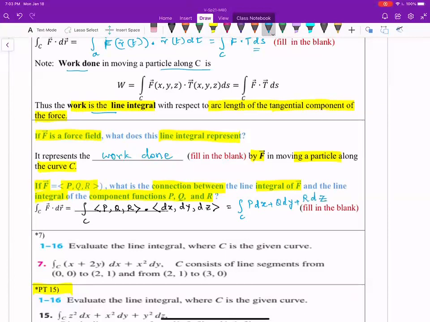The dot product of two vectors: you multiply the corresponding components and add. So the integral over C of F dot dr can also be written as the integral over C of P dx plus Q dy plus R dz.